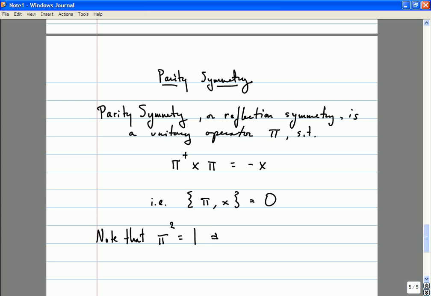So pi inverse, which is equal to pi dagger, because the operator is unitary, is also equal to pi. So parity is rather unique among all the various sorts of symmetries, in that it is both unitary and Hermitian.